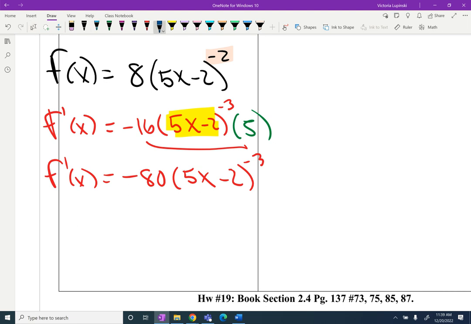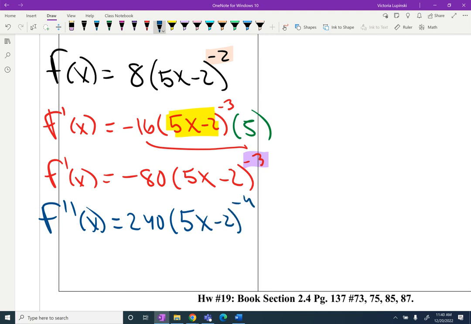So this is called f double prime. That means second derivative. And now just do it again. So the outside function is the negative 3. Drop the negative 3 to the front and multiply. That becomes a positive 240. Take the whole quantity to the 1 less power, which is negative 4. Do the chain rule again.